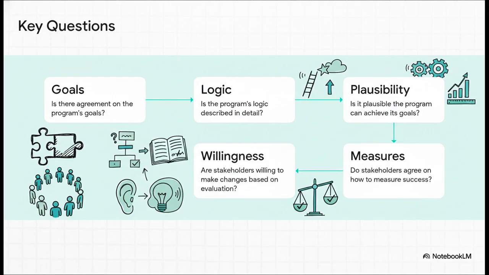First, is everyone actually on the same page about the goals? Two, is the plan, the logic, actually written down and clear for everyone to see? And here's a huge one. Is it even plausible that what you're planning to do can get you the results you want? And finally, are the people in charge actually willing to listen to the results and make changes? If the answer to any of those is no, well, your program just isn't ready.